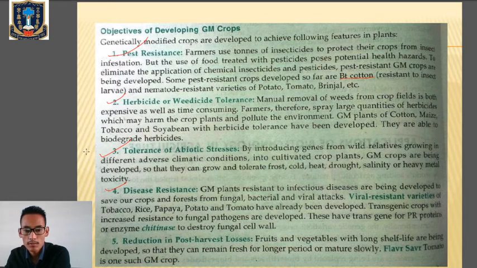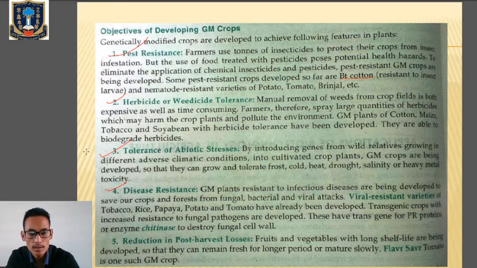So whenever any plant is infected by a fungus, the gene for the PR protein or the enzyme chitinase will destroy the fungal cell wall, and the fungus will not be able to survive, and that plant will be free from the fungal attack.